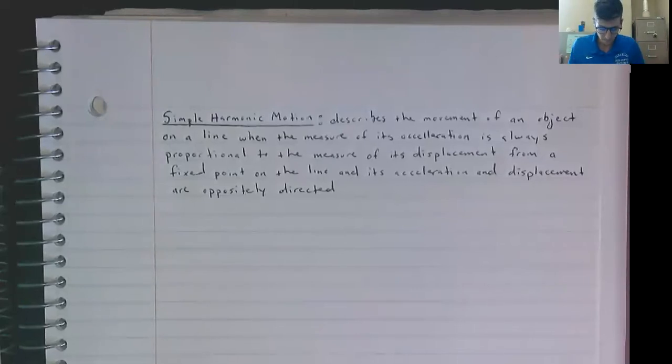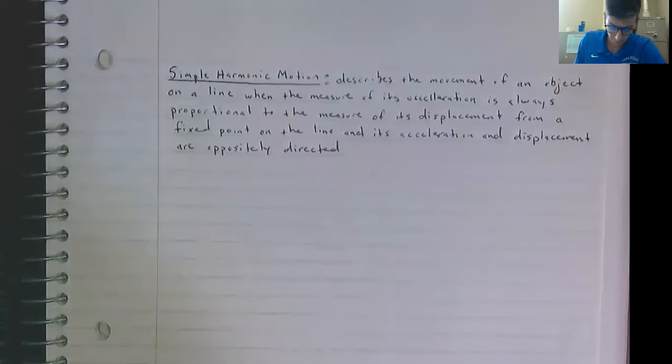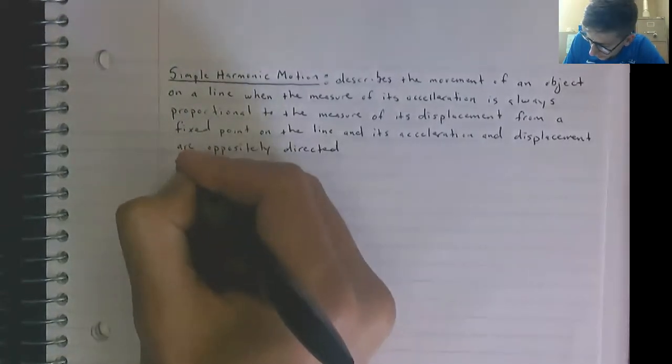Okay, it's always working opposite. And then before we get into the specific common example, the ways that this is often described by a function are with sine and cosine.